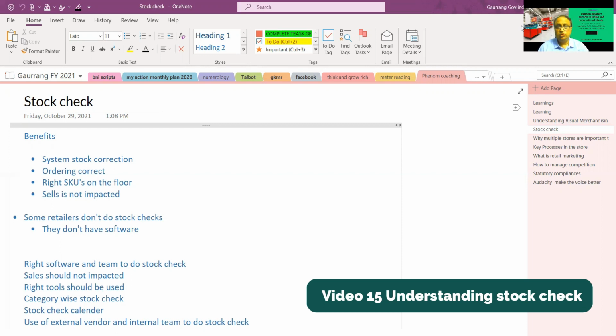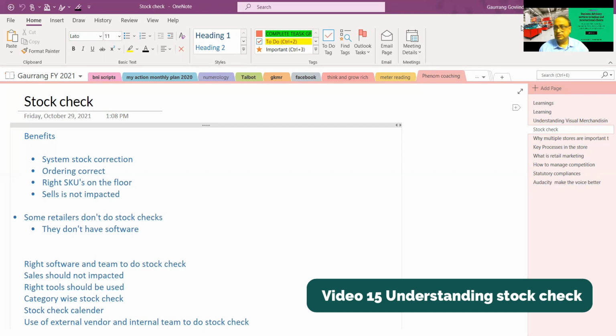That is possible only when you have the correct system with inventories available in the software. And this is also important to increase your sales month on month because your shelves will not be empty. Your customer will find the products and then your customer will buy more and more.